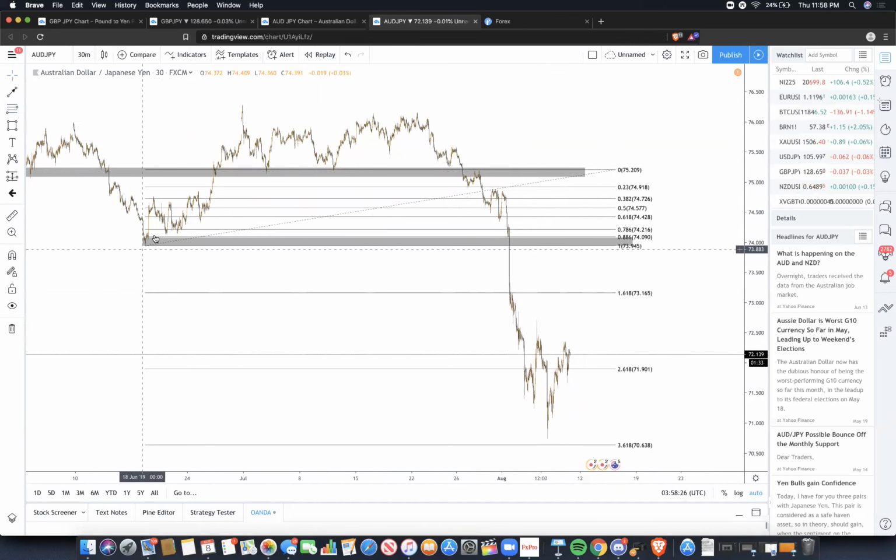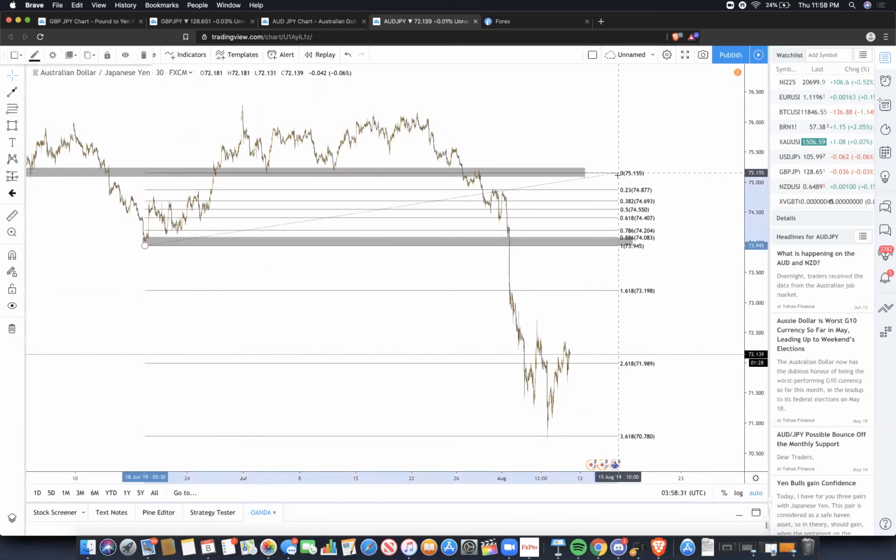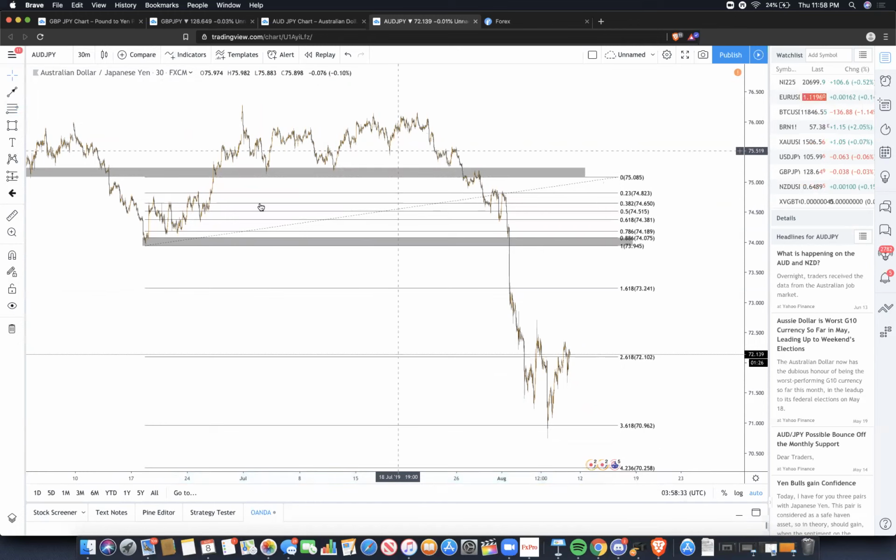So this is the market going up. I'm going to bring this down a bit lower to the bottom of the zone, where the breakout occurred and retested. Perfect.